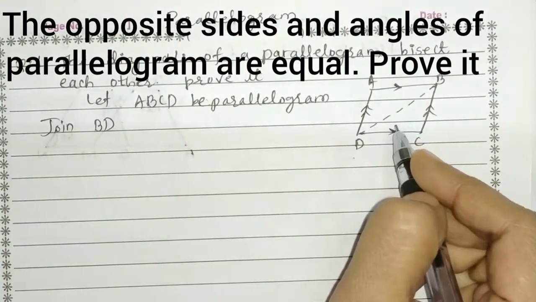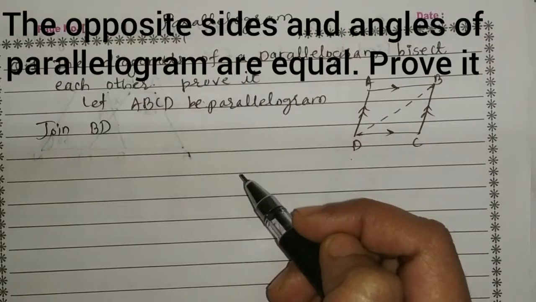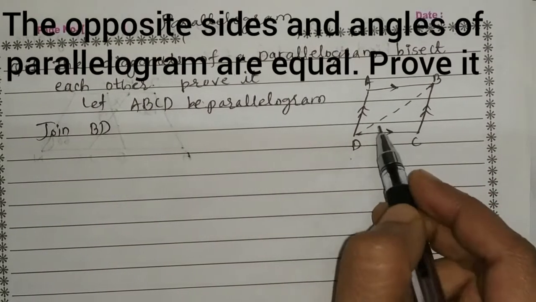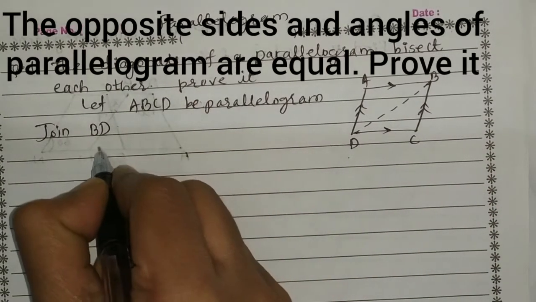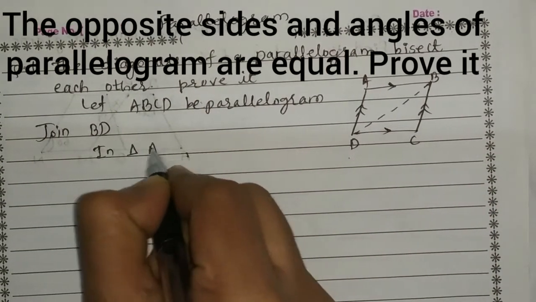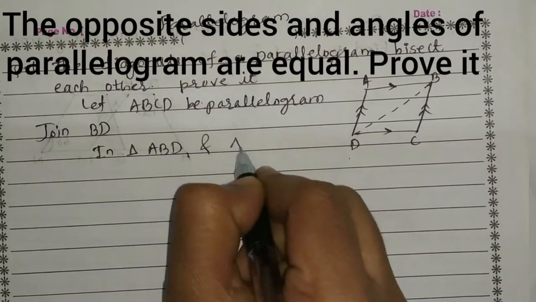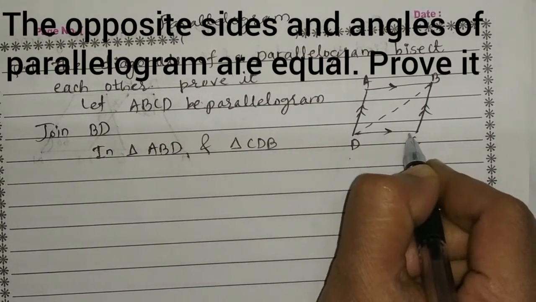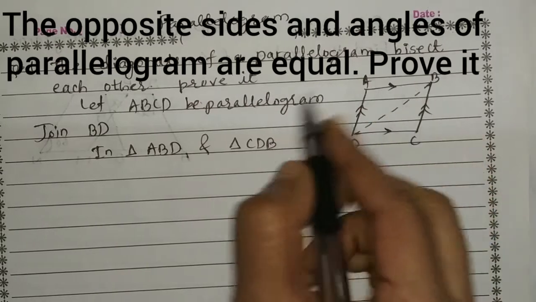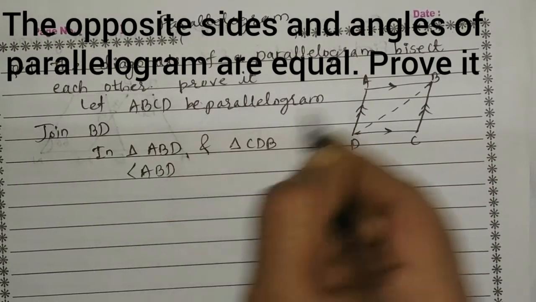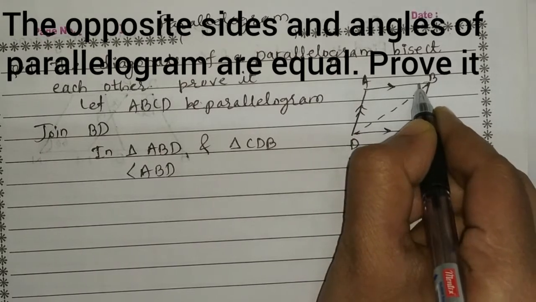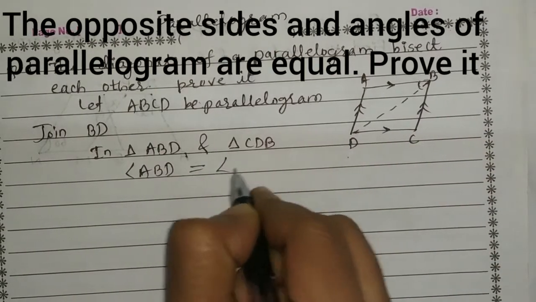Now we'll see that we have got two triangles, triangle ABD and triangle CDB. So we have angle ABD, this angle ABD is equal to angle CDB.